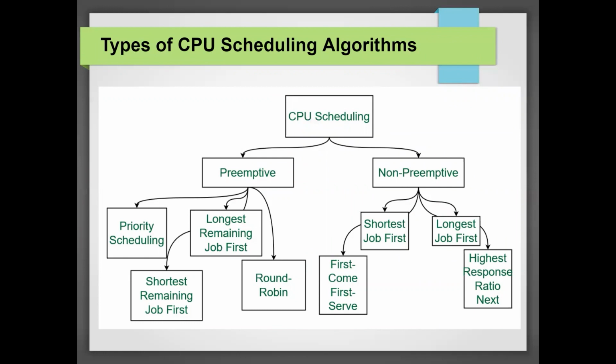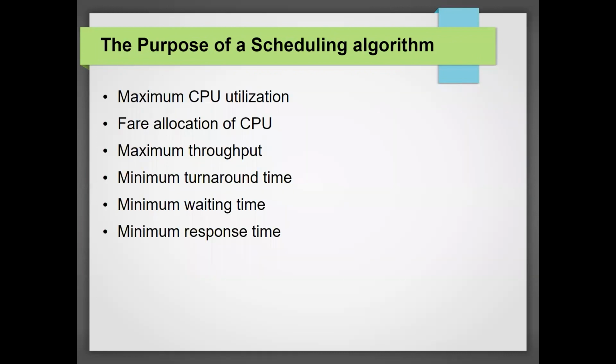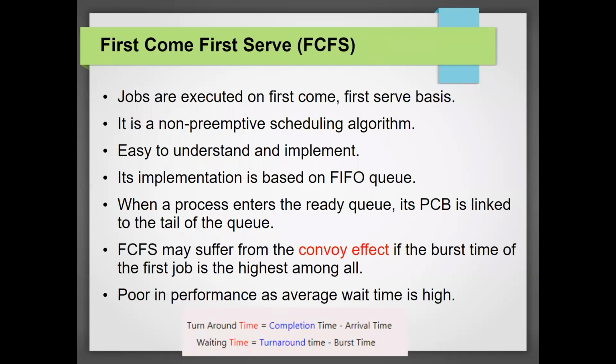So these are the different CPU scheduling algorithms. In this video, we are majorly focusing on non-preemptive scheduling algorithms. We will see three major scheduling algorithms: first come first serve, shortest job first, and priority scheduling. The first one we are going to see is the first come first serve scheduling algorithm.